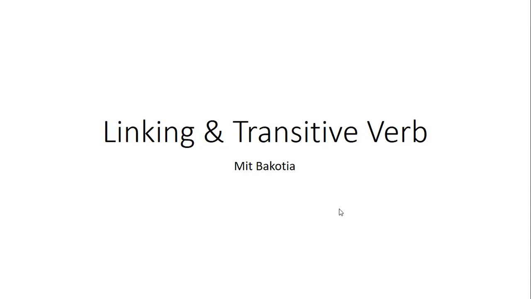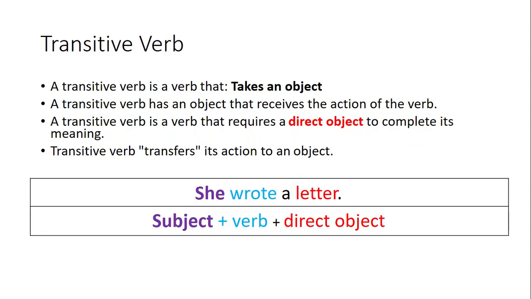Now, you know that verb is something which displays an action. But what is a transitive verb? Transit means to transfer. A transitive verb is that verb that takes an object. Transitive verb takes an object.